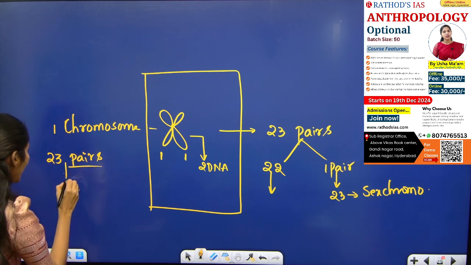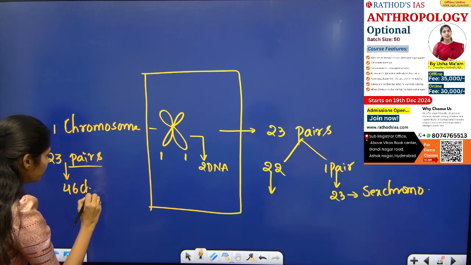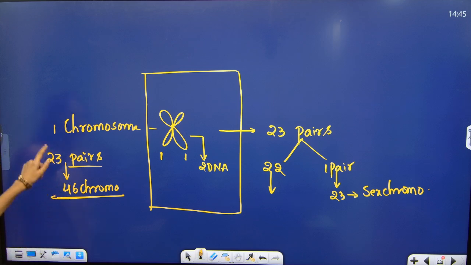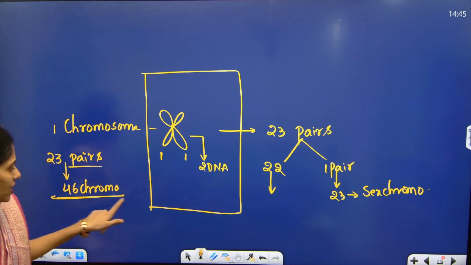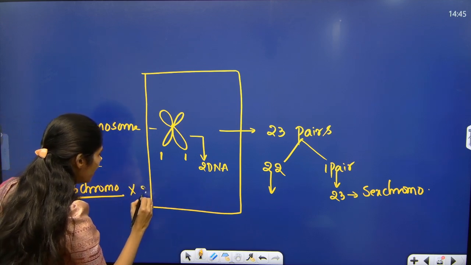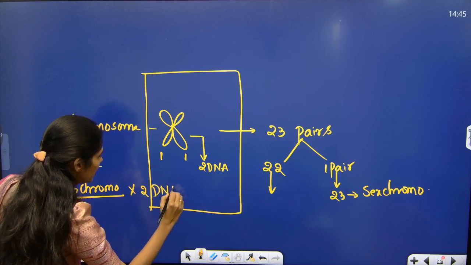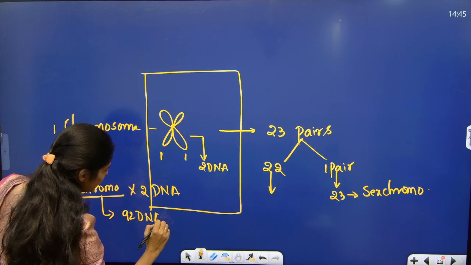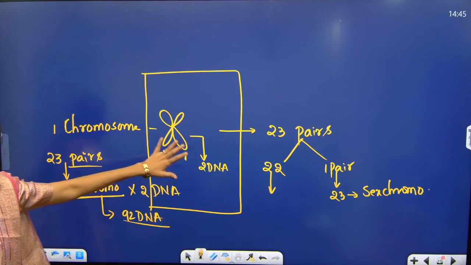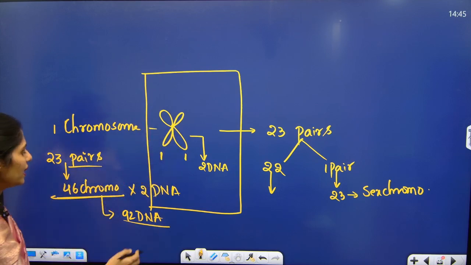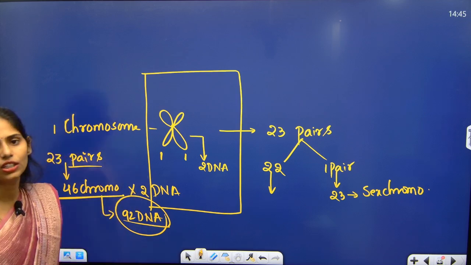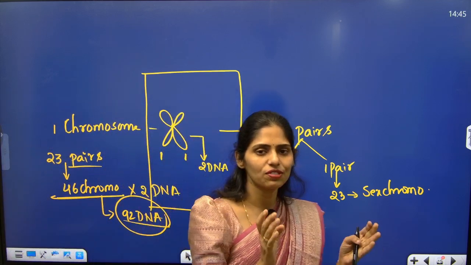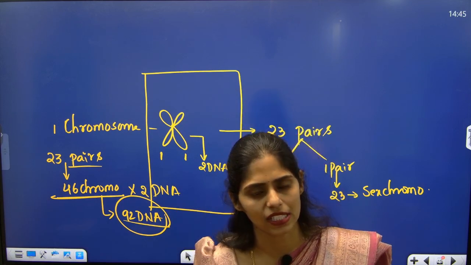So in total we have 46 chromosomes. One chromosome has 2 DNAs. So how many DNAs do 46 chromosomes have? That is 92 DNAs. So in a single human cell, how many DNAs do we have? 92 DNAs.